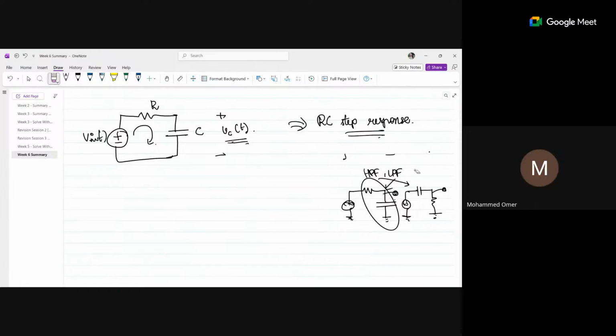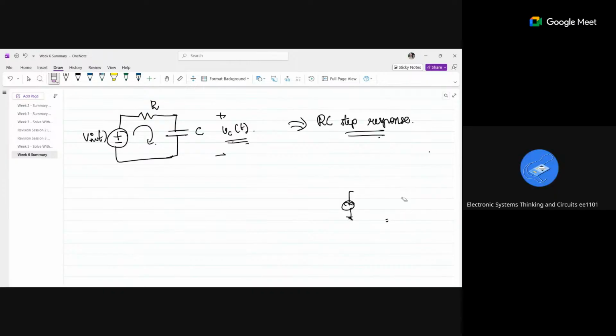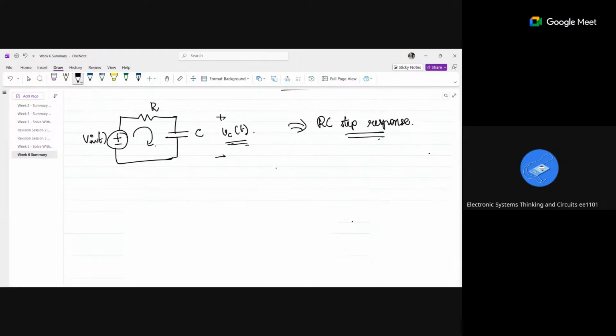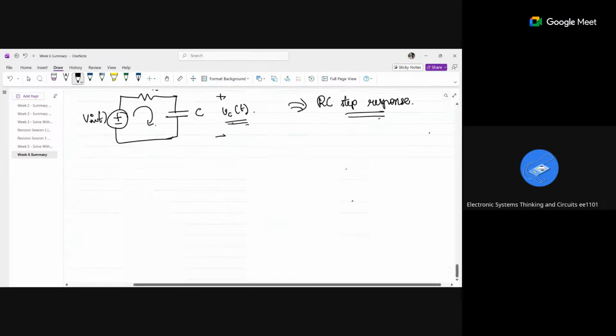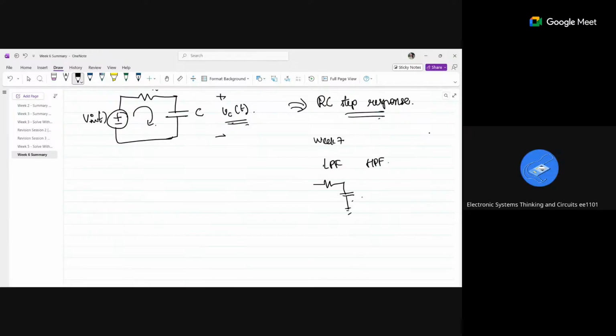Ma'am, sorry, what are we doing? I just missed that. So what I'm saying is, in this week we saw power conventions and amplifiers, and the reason why we are going to see RC step responses is that in the next week, that is week 7, you will be learning about filters, that is low pass filter and high pass filter, and these filters will have RC components.